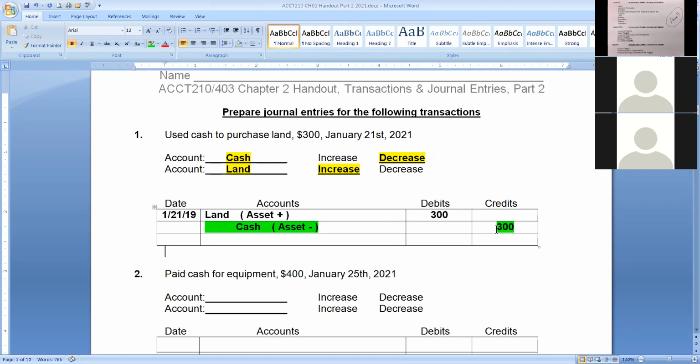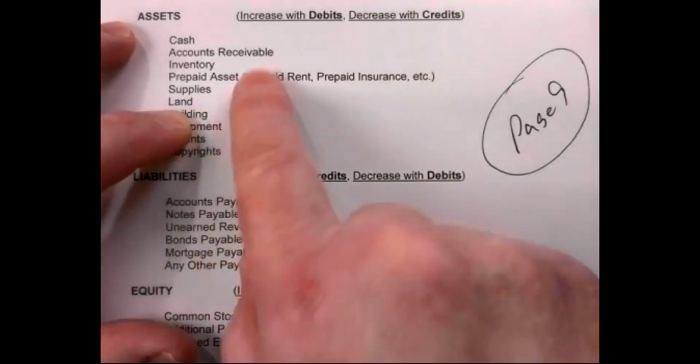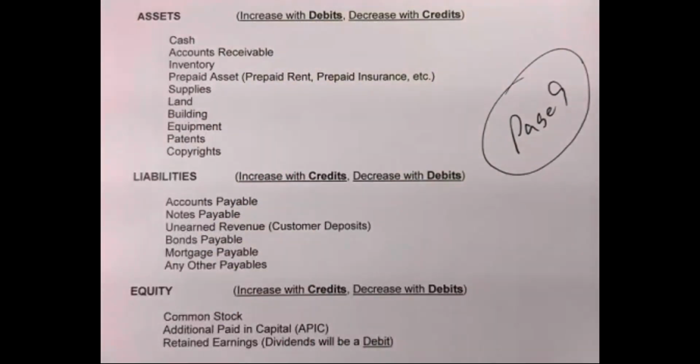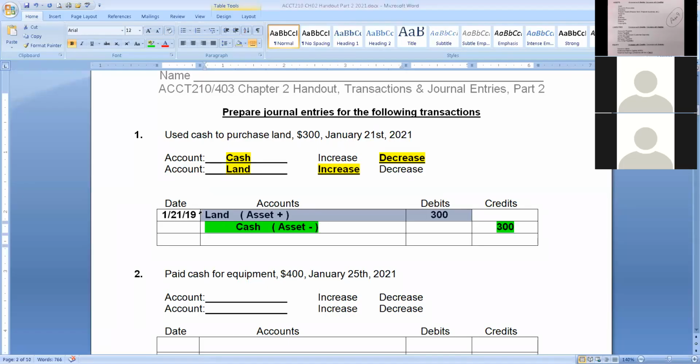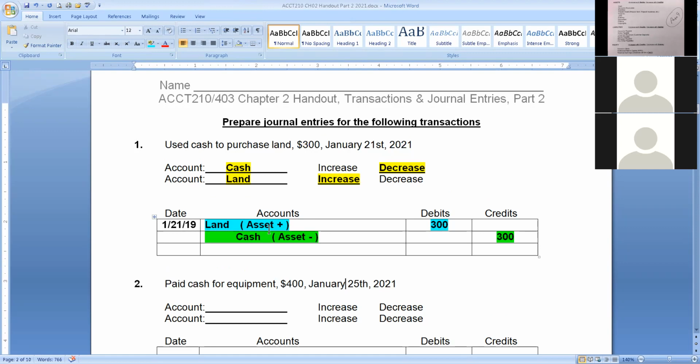It's going to decrease with a credit. Land is an asset going up. So land, an asset, is going up with a debit. So it depends on which kind of an account it is, whether we debit it or credit it.